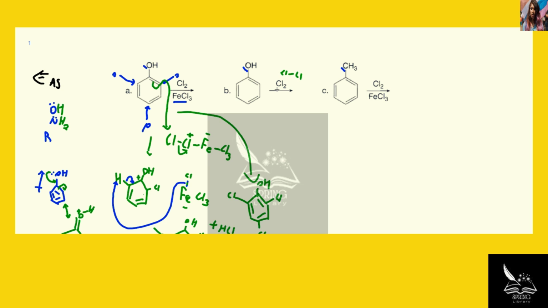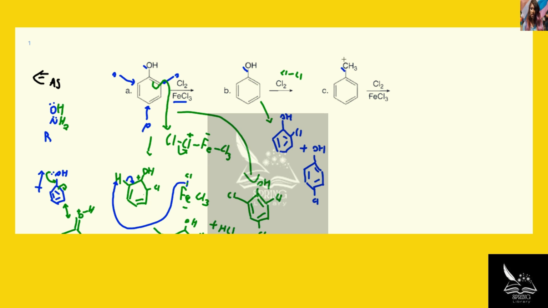But now here, we have no acid catalyst. So here, you'll actually just get one of two products. You can either get your ortho substituted product, like this, or you can get your para substituted product, like this. And now here we have an R group.